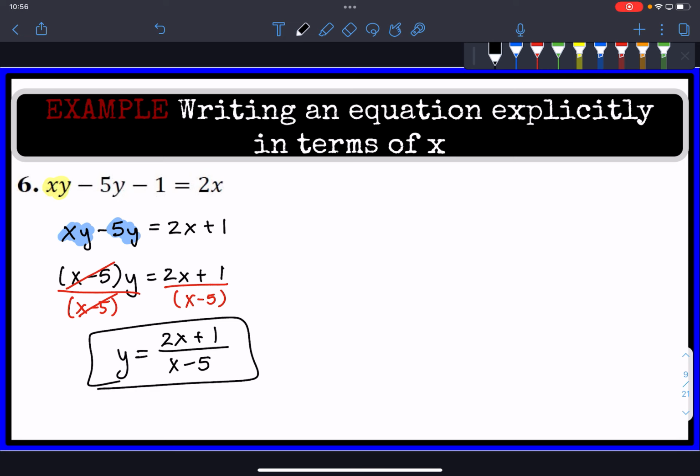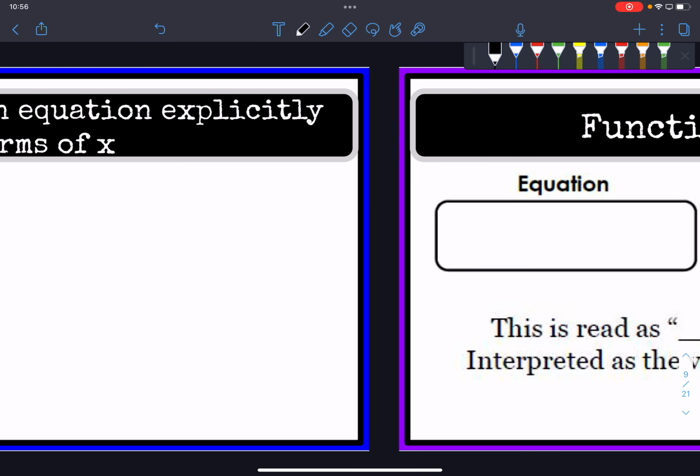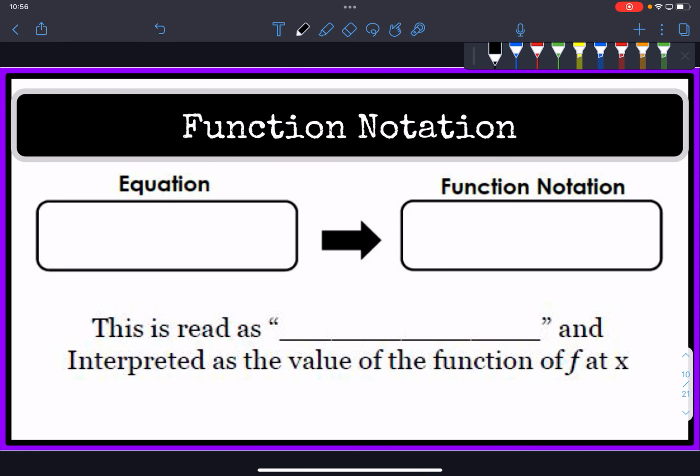Now, the next thing we're going to discuss in this video is function notation. Function notation is just a variation of an equation where we use function notation to represent that equation. So for example, we'll do a very simple linear equation, y is equal to 3x plus 4.